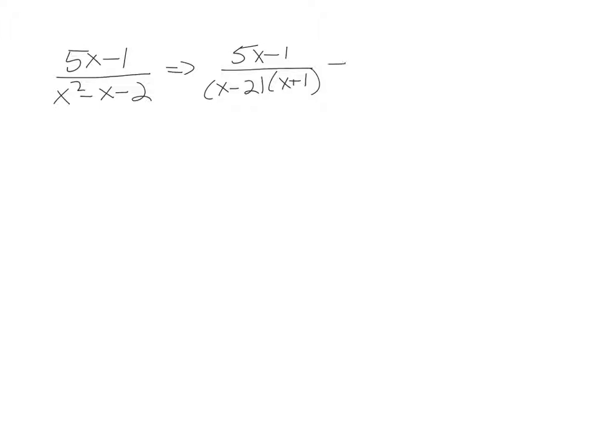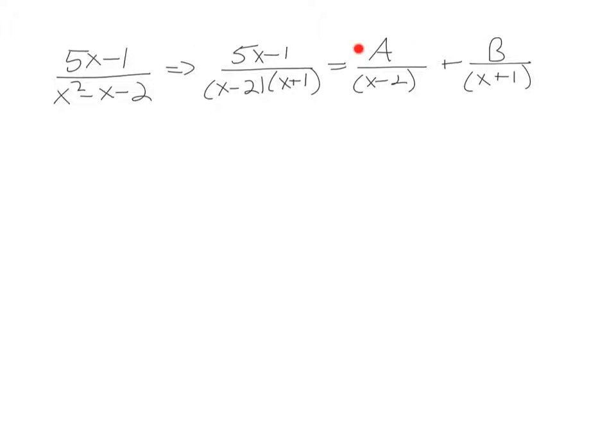And now if I want to know what this would be with a constant, and it has to be a constant term, meaning no variable, plus another constant over this second term from the denominator. So I want to get this into this format with these two separate fractions.